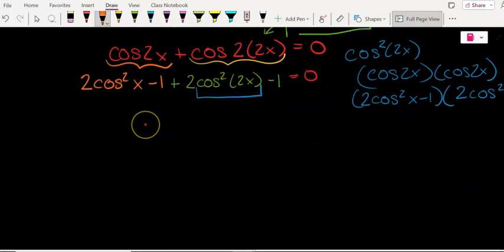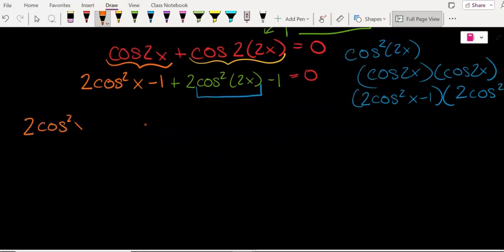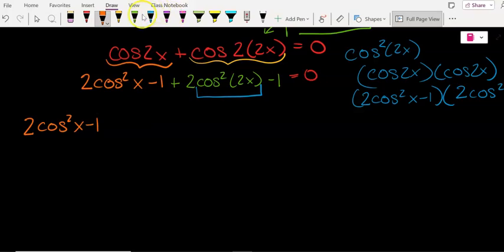So I'm going to bring down this 2 cosine squared x minus 1, and now I'm going to kind of change what I've got right here, this 2 cosine squared 2x. Now, keep in mind, what I just wrote over here, this cosine squared 2x, is only this part, okay? It does not include that 2 right there.